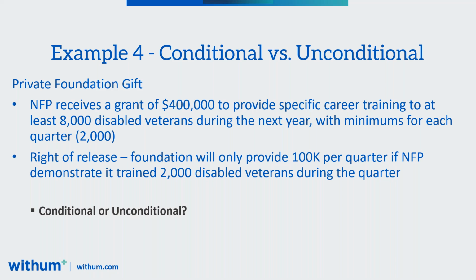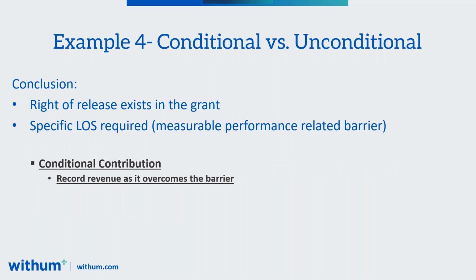And on the next slide, you'll see this is conditional. All right, we have the right of release that exists in the grant. We need the right of release and a barrier to have conditional. We spoke about how level of service, the specific level of service, constitutes a barrier. So in this case, we have to provide 2,000 career training per quarter.